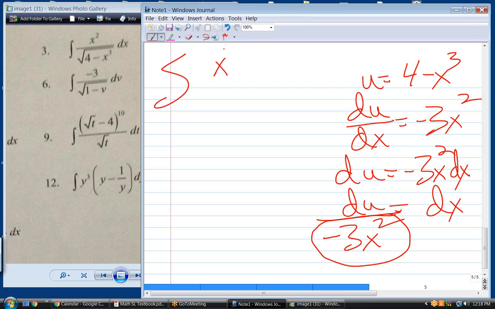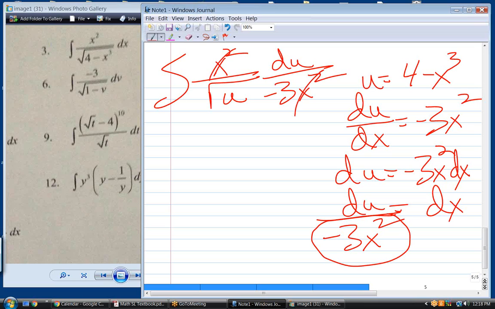In other words, I've got x squared over the square root of u, and now dx is actually du over minus 3x squared. You with me? Now my x squareds are going to cancel, and I have an integral that I can do, which is 1 over minus 3 times the square root of u du.